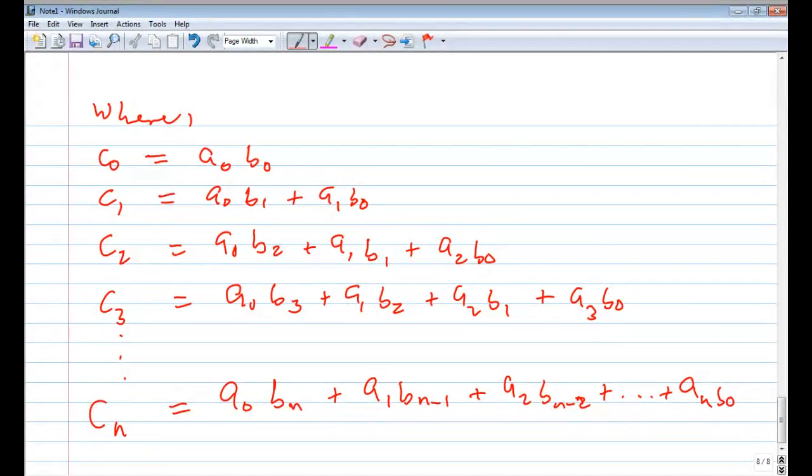You get it? So these are the formulas that you use to calculate C0, C1, C2, C3 up to Cn. So you will understand when we do the example.